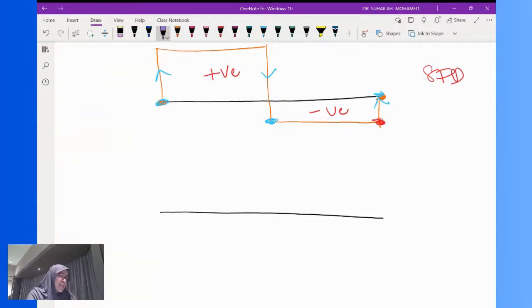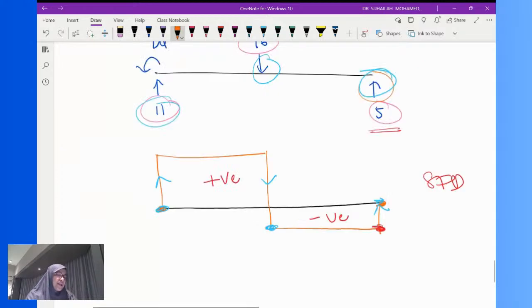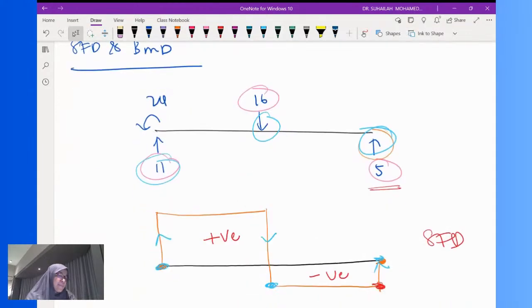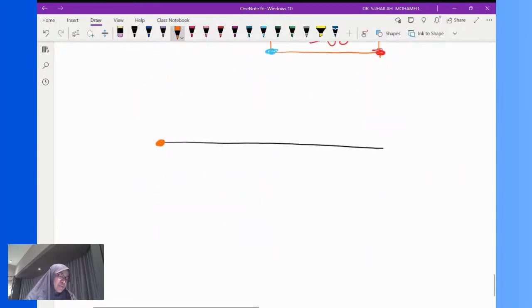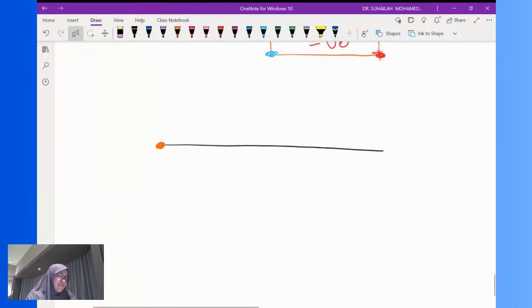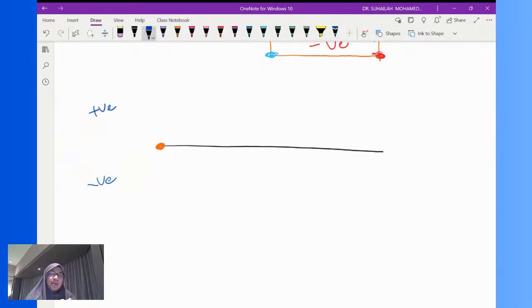So the first point is at A, and look at the diagram. At A, there is moment negative 24. Let's say negative is located here, positive is located here. Anyway, in the BMD, we can actually draw negative upward, positive downward, it doesn't matter.